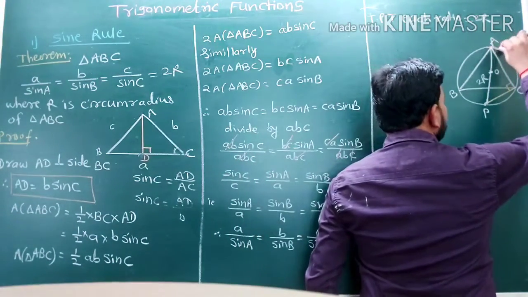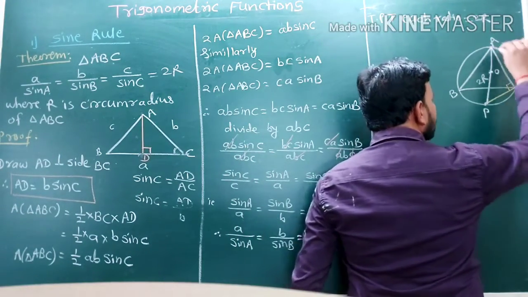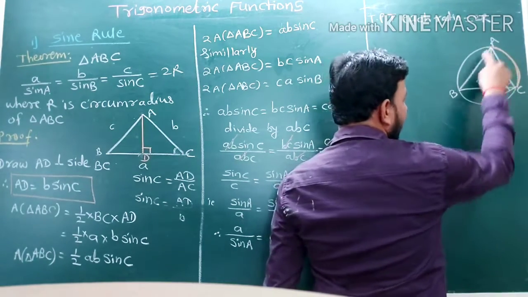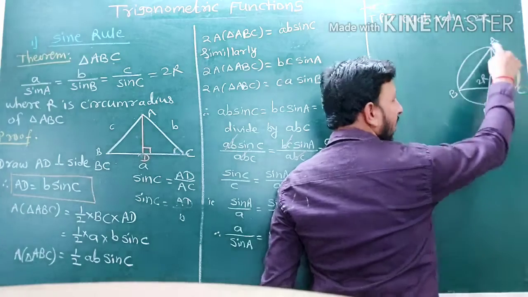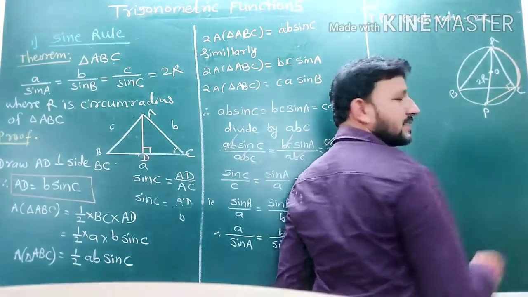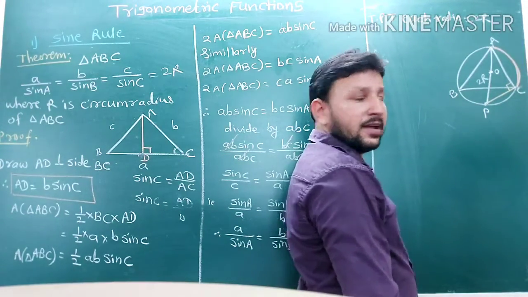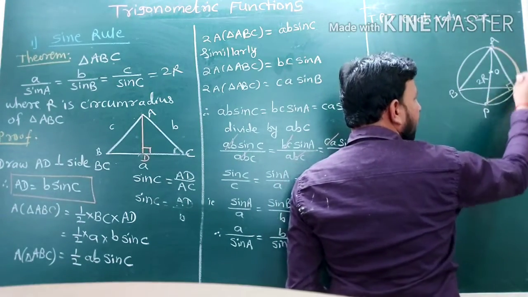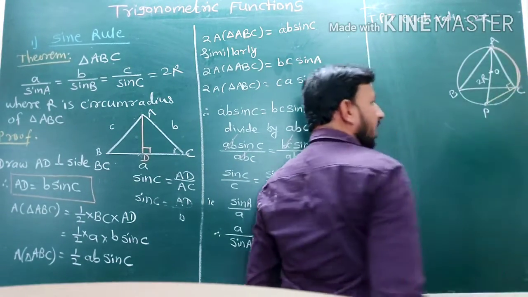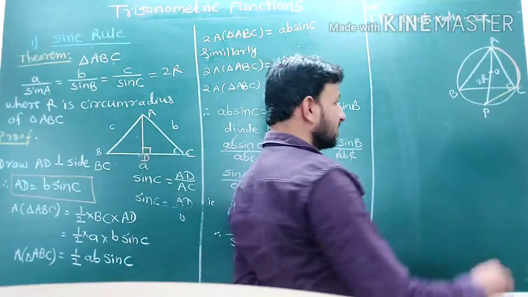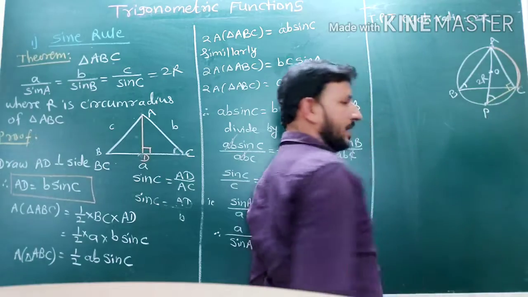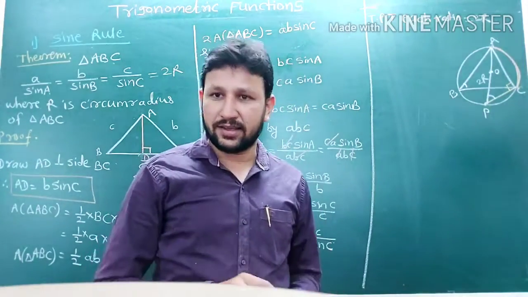This arc AC is common for angle ABC and angle APC. I repeat, angle ABC and angle APC both have the same arc. Hence, angle ABC and angle APC are equal.